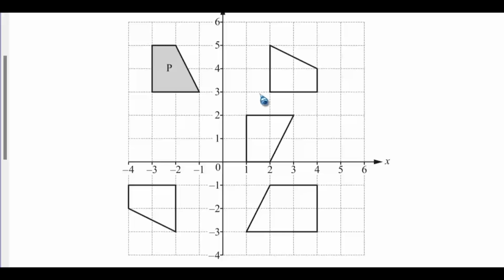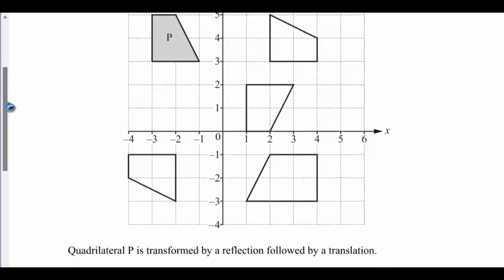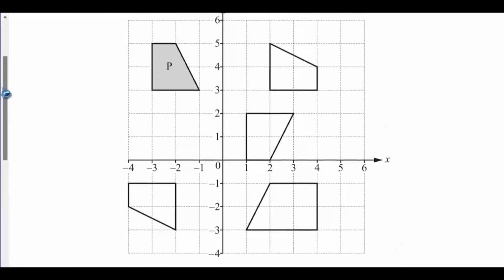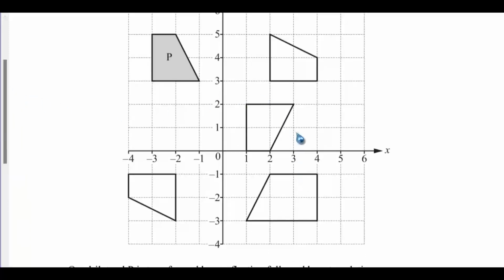Okay, so mind you, we are not getting the exact answer. We just want to get one that is not a possible image of the quadrilateral P. So if you look at this particular one, you can see that it has a longer side that cannot be found in the object.